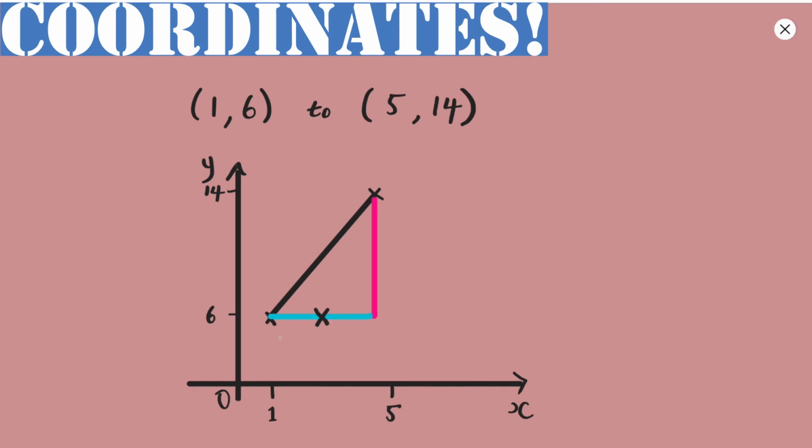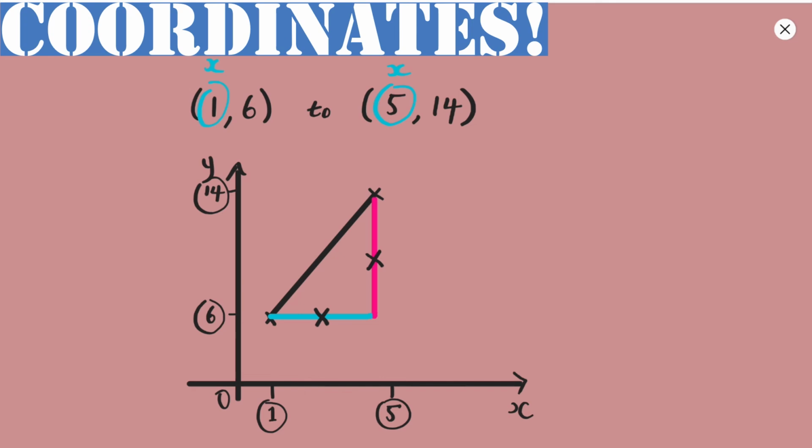So finding the midpoint is useful here. We're finding the midpoint of 1 and 5. And what are 1 and 5? They're the x coordinates. So let's label them on here with a circle. We want to find the midpoint of the y's in the same way, which would be roughly here. If we look at those numbers, that's going to be halfway between 6 and 14.